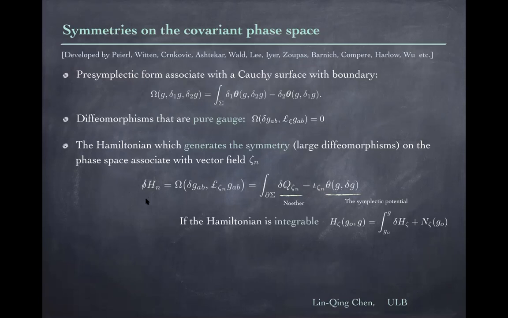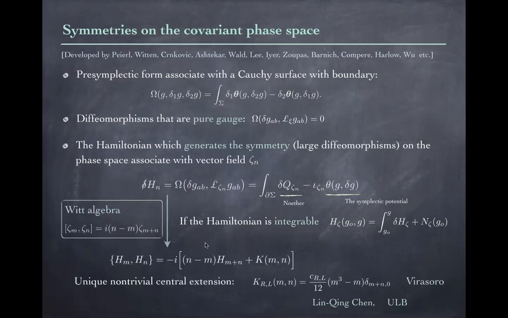And by the charge representation theorem, if the Hamiltonian is indeed integrable, then the Lie bracket of the vector fields will be realized as the Poisson algebra on the phase space up to a central extension. In our case, when it is the Witt algebra, there is a unique non-trivial central extension which gives the central charge.